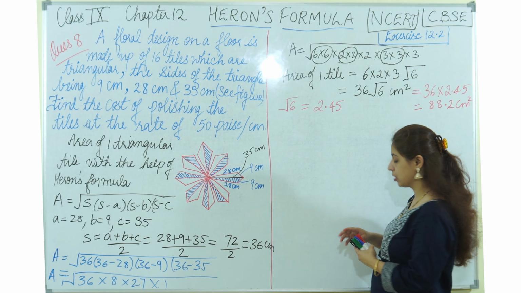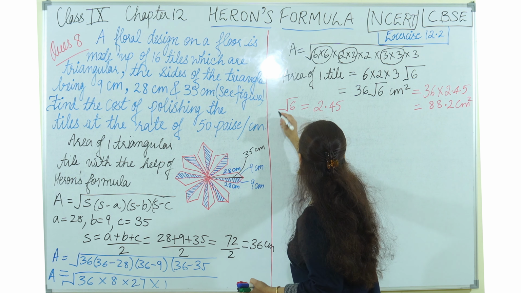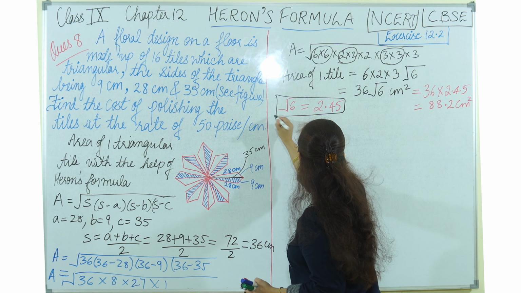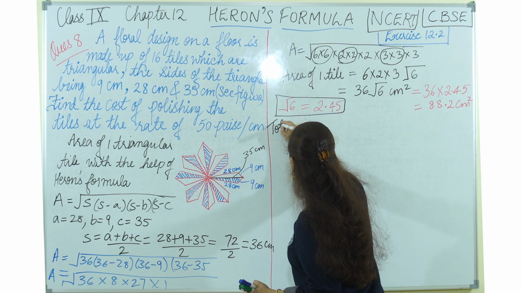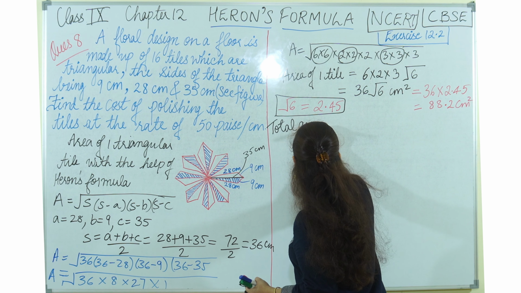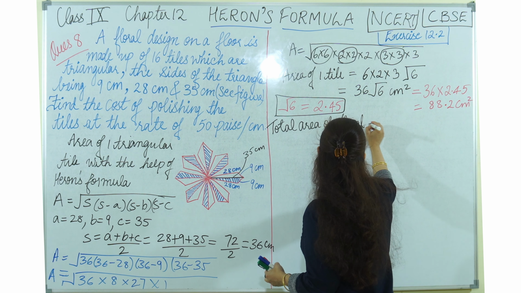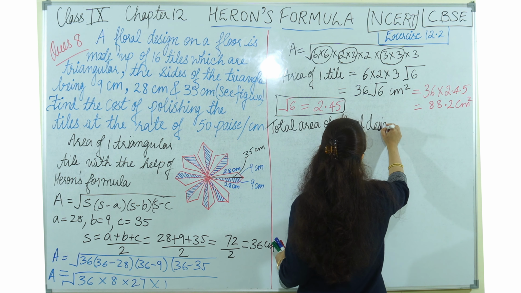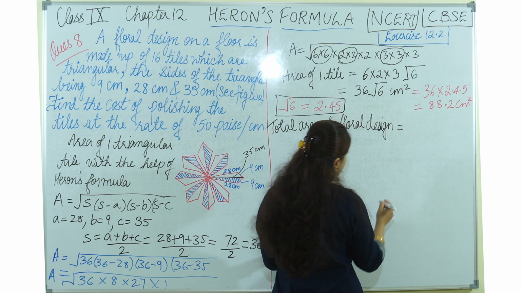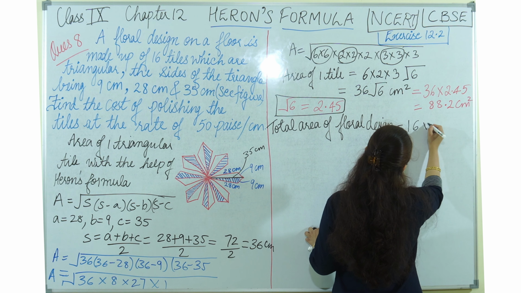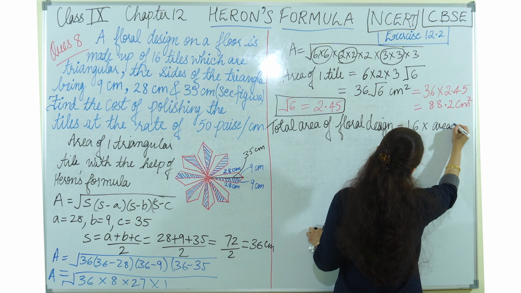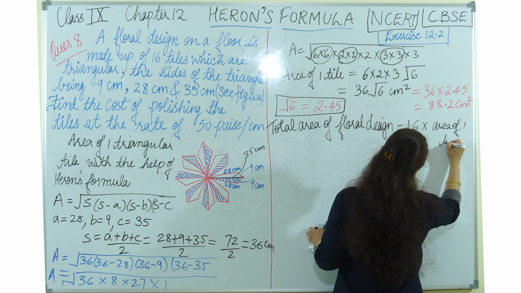Okay, now let us find out the total area of the floral design. So the total area of the floral design will be equal to 16 into the area of one tile.